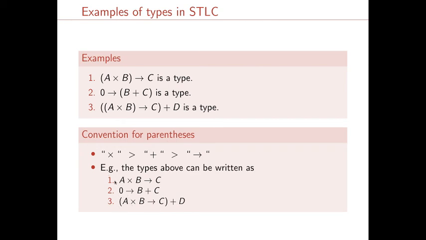This is actually the same as in the first example. So A times B arrow C will be read as A times B with parentheses around and then arrow C. But we cannot omit the parentheses around the left-hand term A times B arrow C, because if we were to omit these parentheses, the expression would be read as A times B in parentheses arrow C plus D in parentheses.